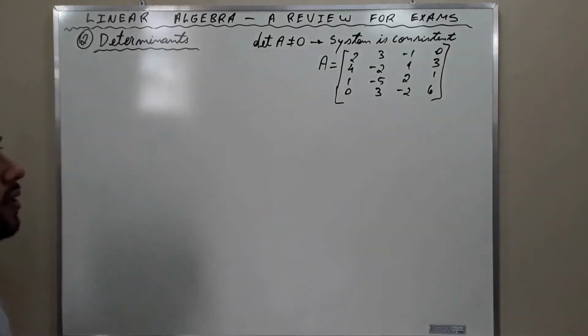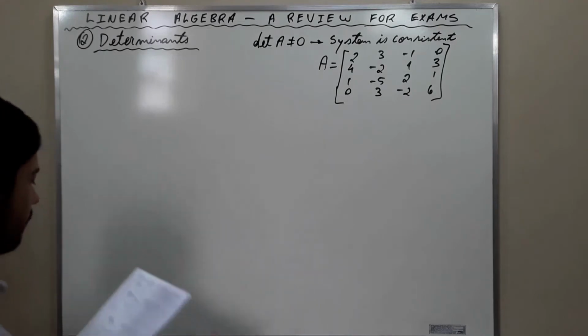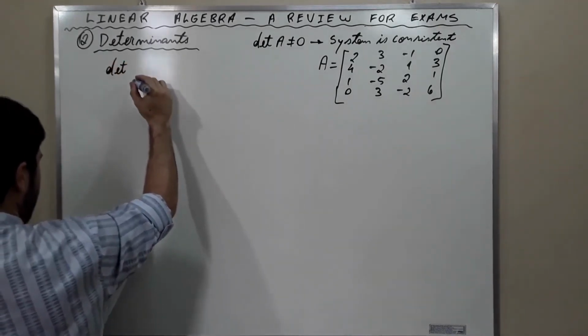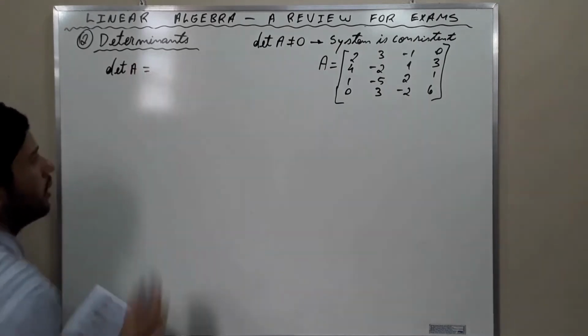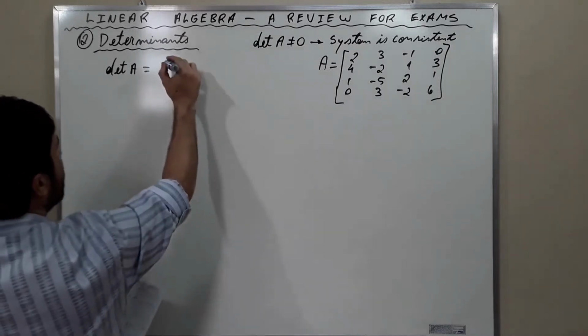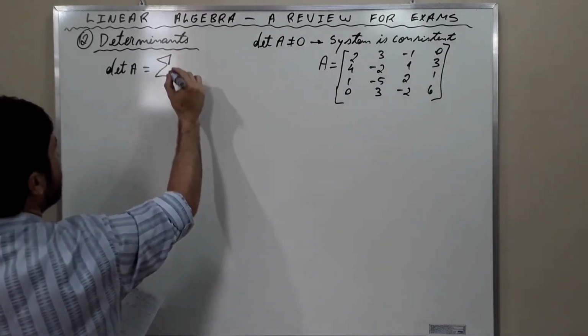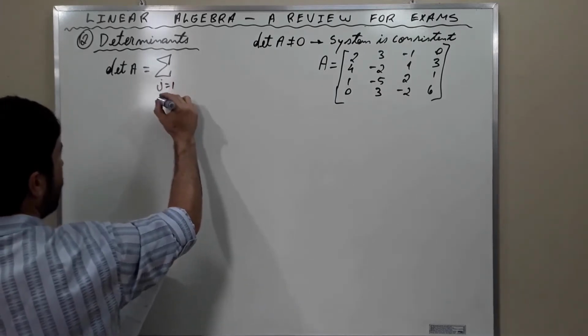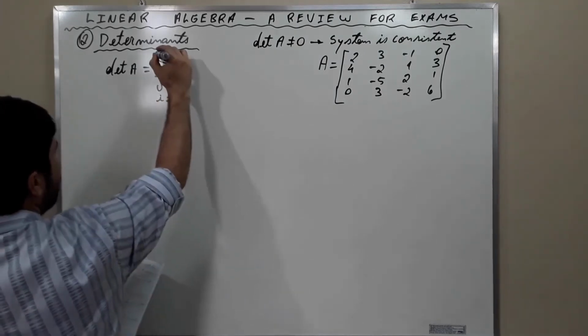To calculate the determinant of a 4x4 matrix, we need to use the following algorithm. The determinant of a matrix of order higher than 3 is going to be calculated from j equal to 1 or i equal to 1 to n.